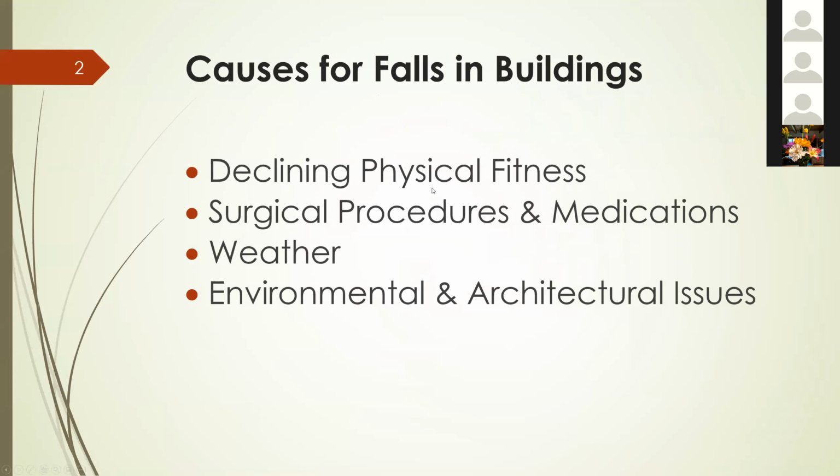So I'm going to go very quickly because some of these I've already talked about: the causes of falls, which are declining physical fitness, surgical procedures and medical issues, weather, and environmental and architectural issues, which Karla almost talked about.